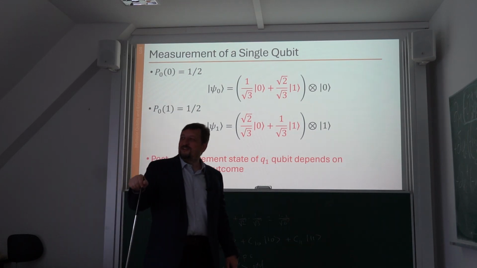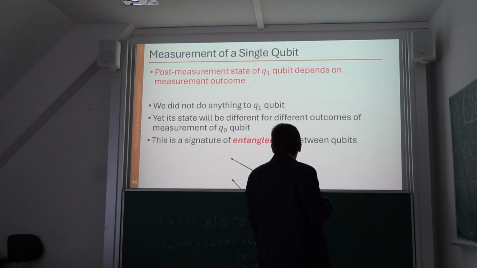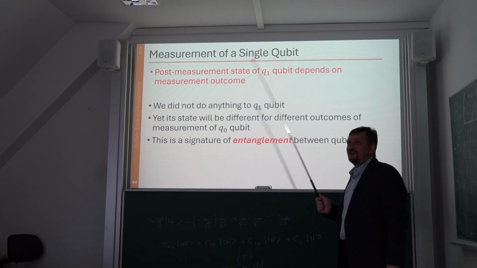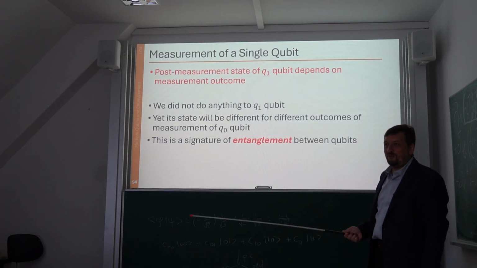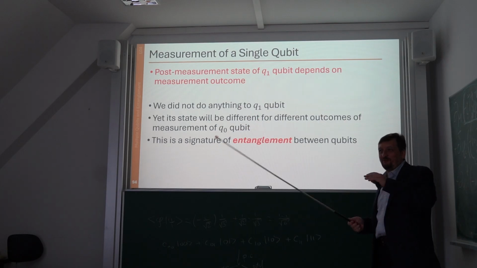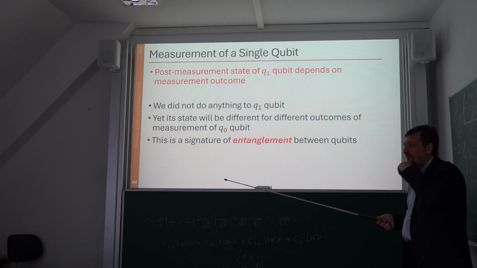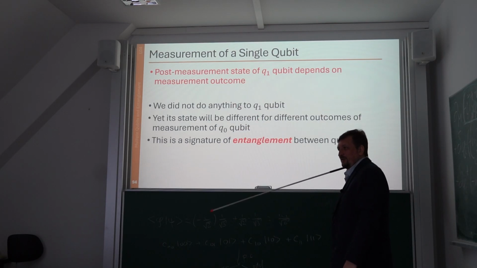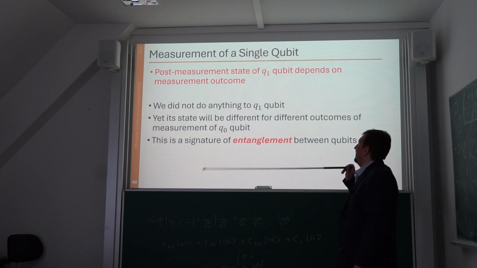Spooky action at a distance. And this is the signature of entanglement. So this is like the main feature of quantum physics, something that we will be dealing with from now on. Basically, we'll be talking about different aspects of entanglement. Okay.